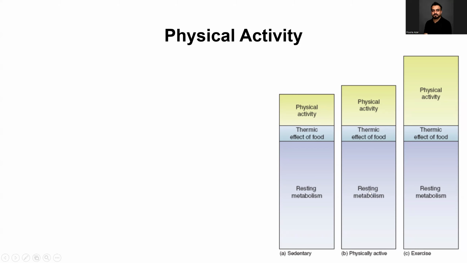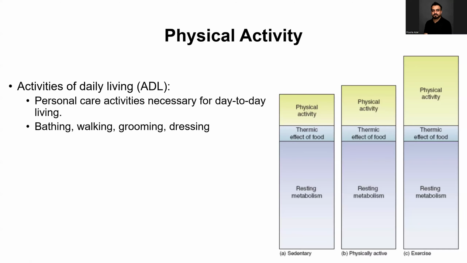Resting metabolism is also the same, but the physical activity can be different. That's why we say physical activity is the only component that can be changed to a large extent compared to the other two components of total energy expenditure.